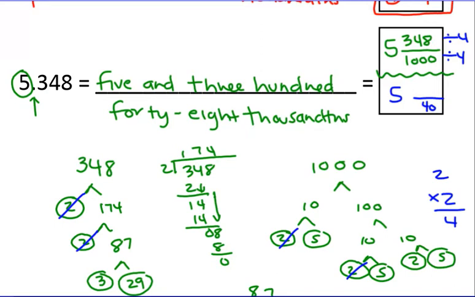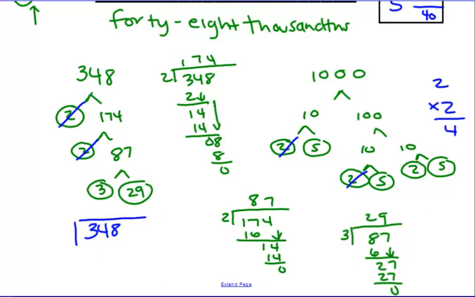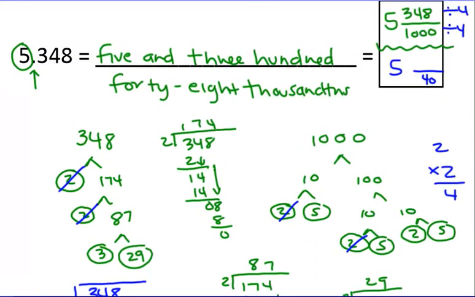Nope, that's wrong. Did I do that right? Let's try that again. Oh, oops. 1,000 divided by 4 is not 40. I lied, it's 250. 87 over 250. I was thinking of another problem.